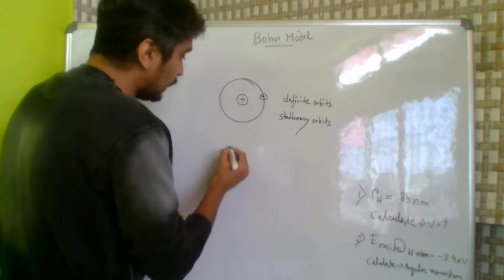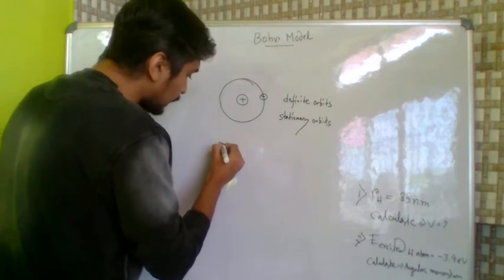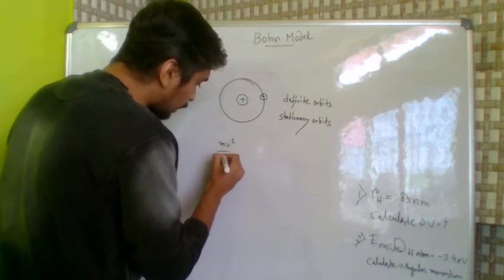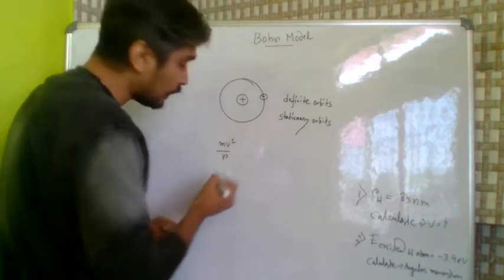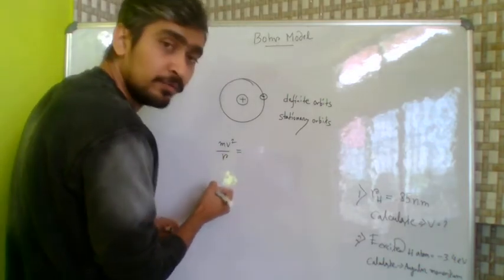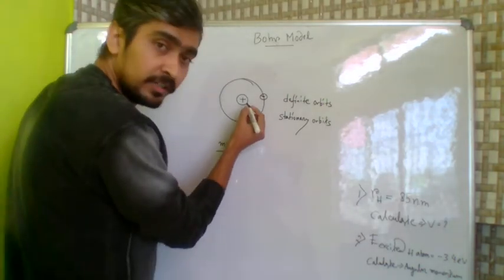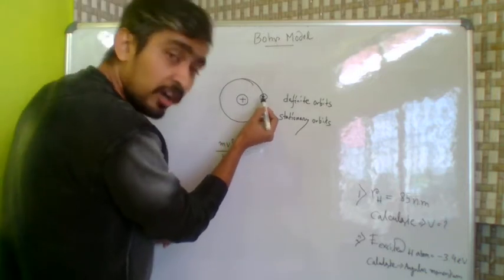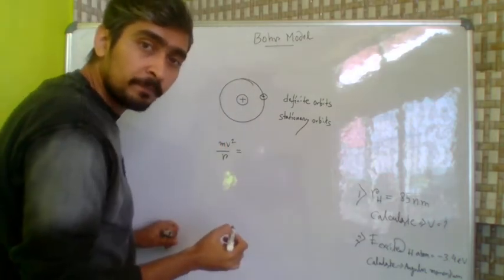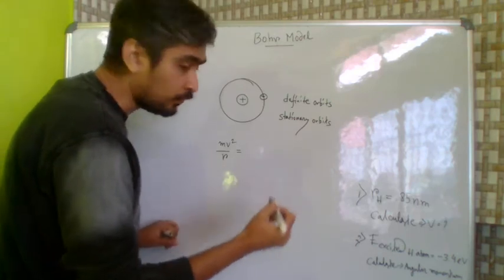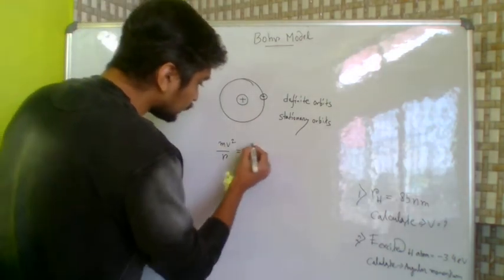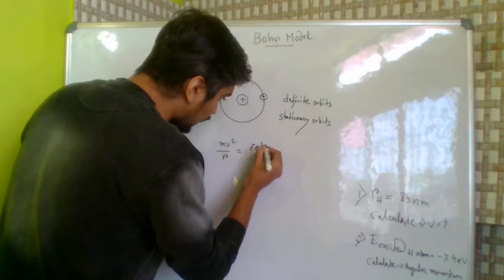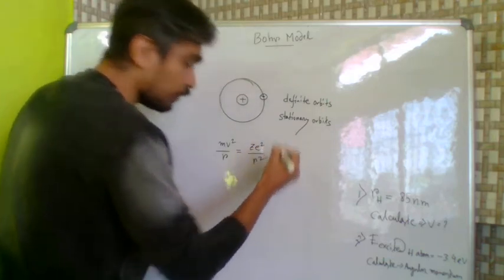Centripetal force is mv square by r, and the electrostatic force which operates between two charged bodies according to Coulomb's law is Ze square by r square.